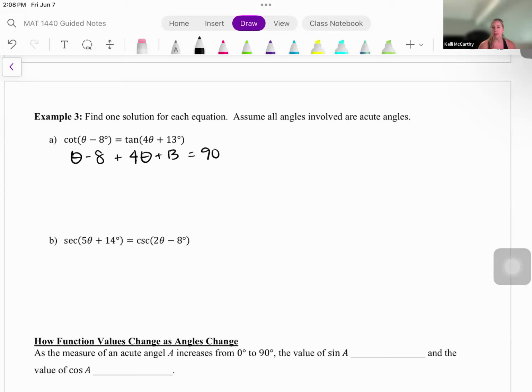But just keep in mind that theta is a variable. It's just specifically used as a variable for an angle measure. So theta plus 4 theta is 5 theta. Negative 8 plus 13 is positive 5. Subtract 5 from both sides, we get 5 theta is equal to 85, and theta is equal to 17.